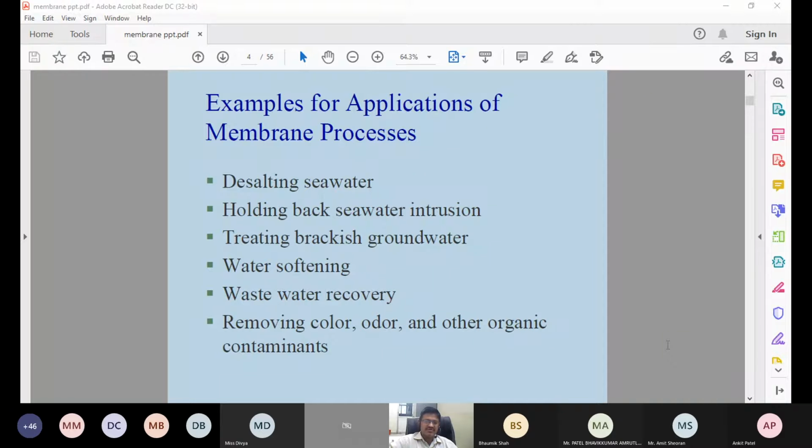Just filter the water or wastewater, 100 ml, and keep the filtered water in the oven. After evaporation, take it out, and that weight minus the empty weight of the beaker, what will you get, suspended solids or dissolved solids?